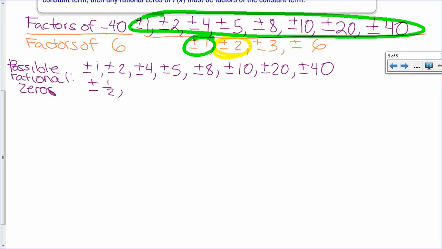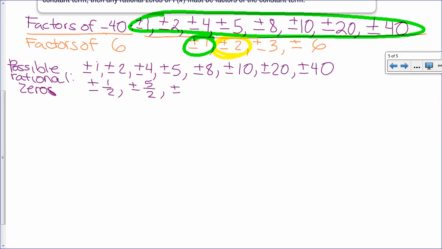We already have it, so we don't need to repeat it. 4 divided by 2 is 2. We already have it. 5 divided by 2, we don't have that one. 5/2. Let's keep them in fractions because we want rational numbers, so we want the ratio of 2 integers. 8 divided by 2 is 4, we already have it. 10 divided by 2 is 5, we have it. 20 divided by 2, we have it. 40 divided by 2, 20, we have it.